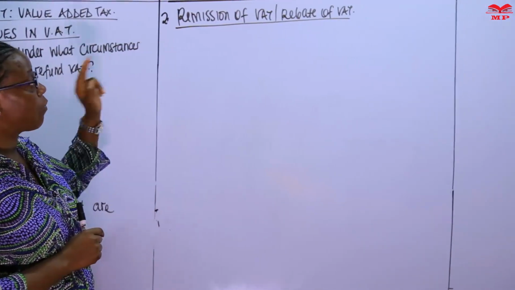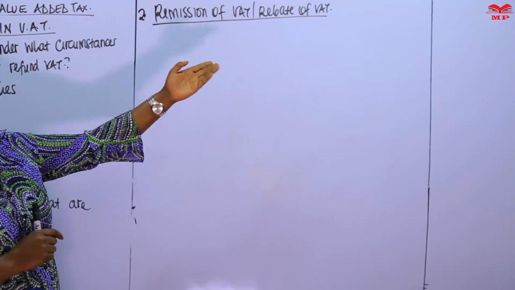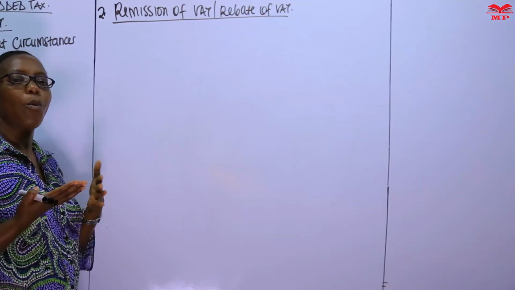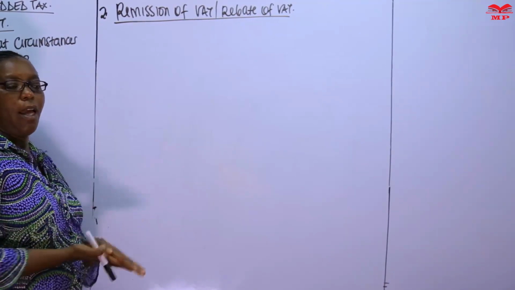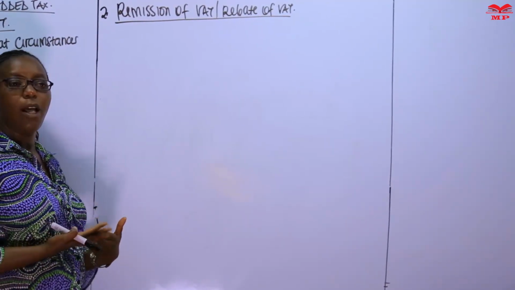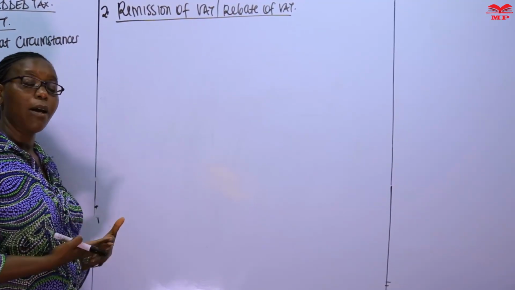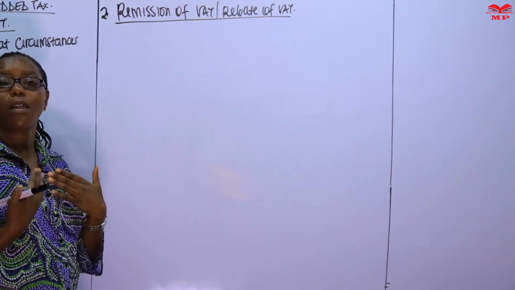So in this case of remission of VAT or rebate is the actual amount by which the commissioner has reduced the tax. So like if you're supposed to pay 100,000 and the commissioner feels, for example, that the goods with respect to which you're paying input VAT were obtained in the public interest.